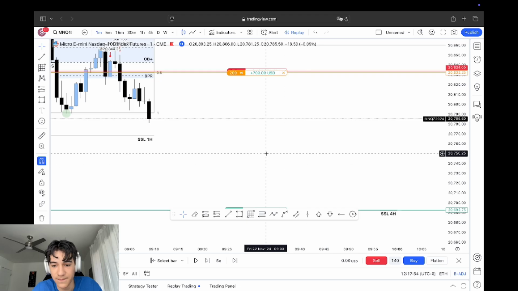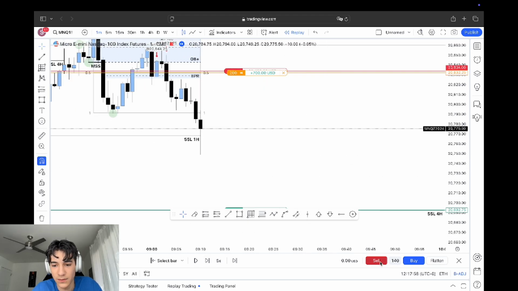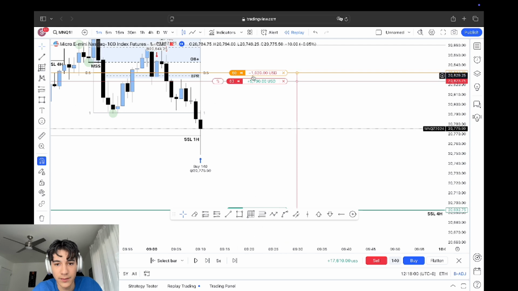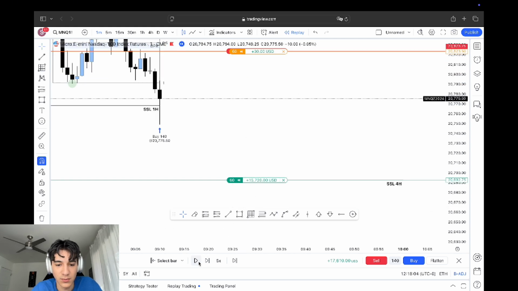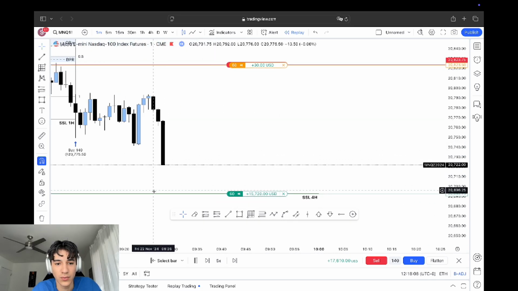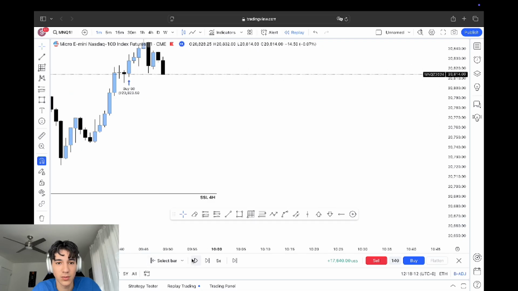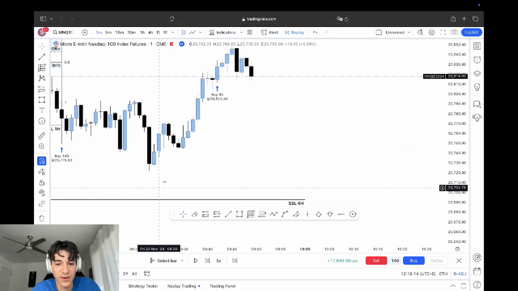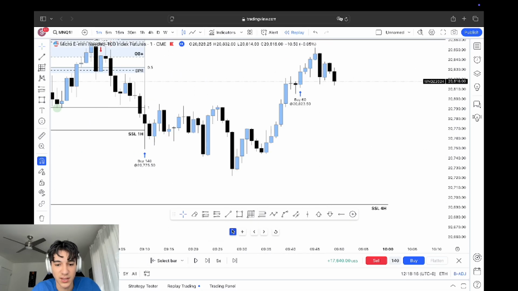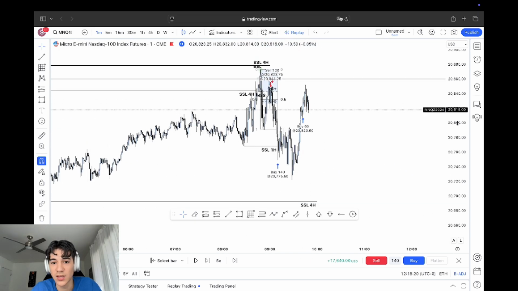And then boom, there it is. Stop loss to break even, and then we just ride from here. Damn, price almost came. It was very, very close here actually, but then I guess we just didn't want to do that. So yeah, that's pretty much the entire trade.